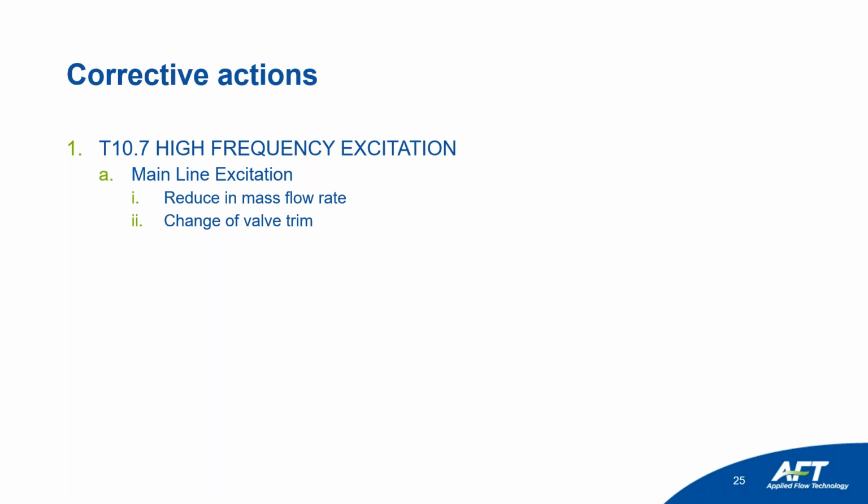In our case, we have an orifice and area change, so it wouldn't apply. But if you have a valve trim that is creating noise, like a relief valve, changing the trim might solve the problem because it reduces the drastic pressure drop, and it might correct the problem of sonic choking.